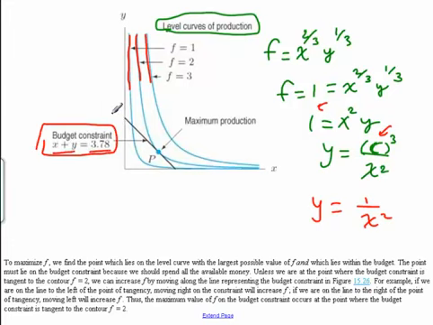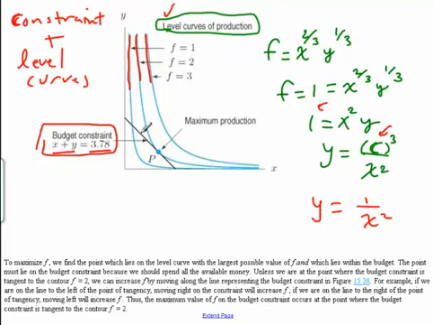And we notice, by graphing our budget constraint against a bunch of level curves, that anywhere on this constraint, as we go in this direction, we're going from a production of 2 here, and now we're losing production. We're producing less. Similarly, after this point, we're producing less.